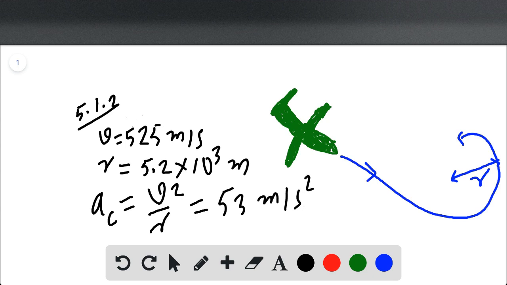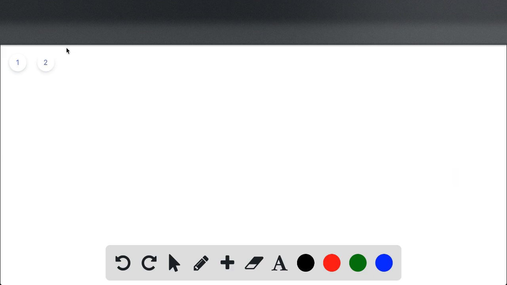Now we have to represent this number in terms of g. Let me remind you, let me take you to the second page here. Remember, 1 g is equal to 9.8 meters per second squared.